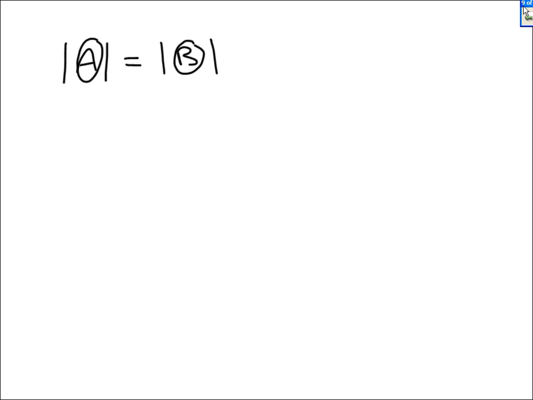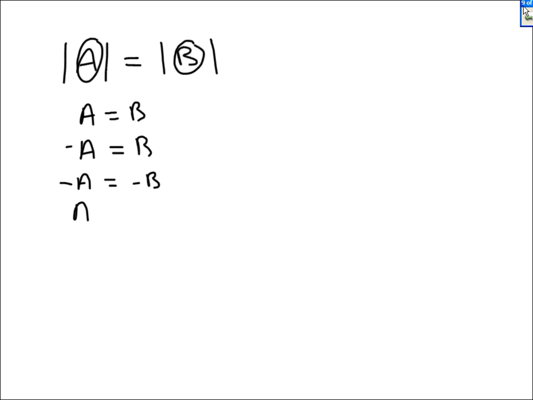If A and B are both positive, then A can equal B. If A is negative, change the sign, it becomes positive. And if B is positive, then negative A equals B. If they're both negative, then negative A is equal to negative B.